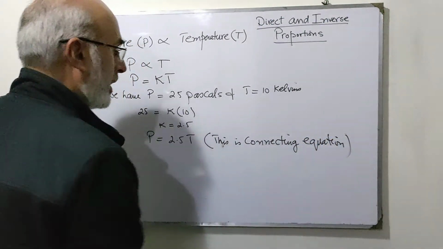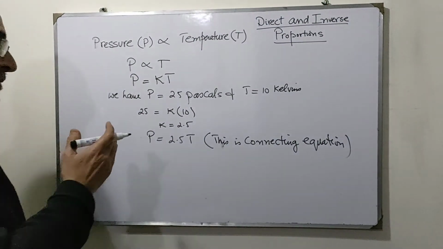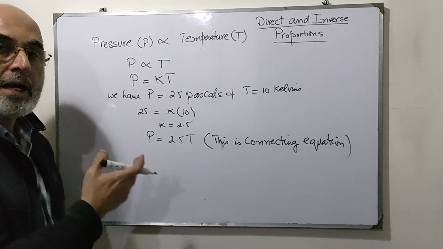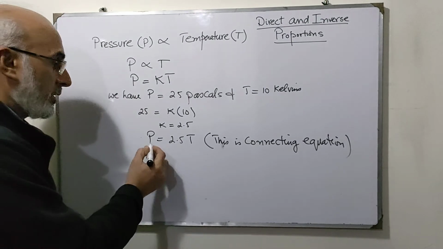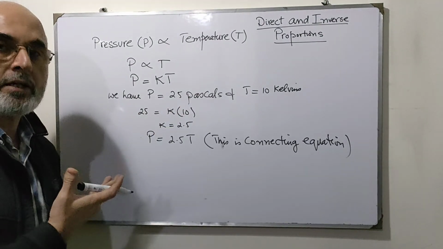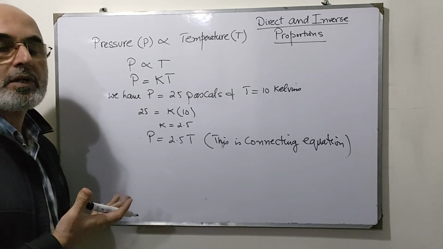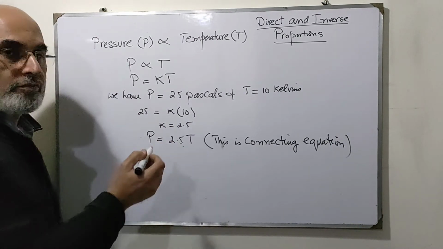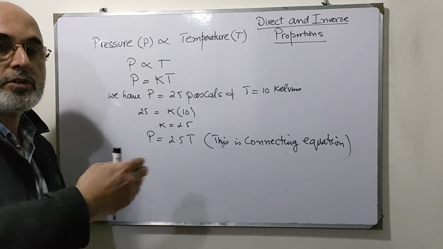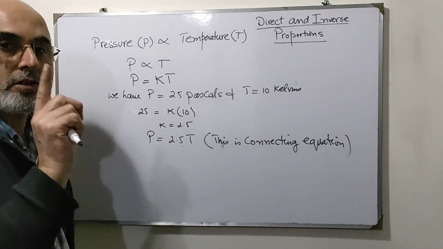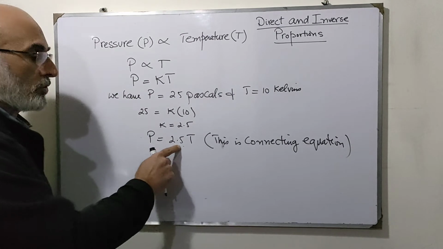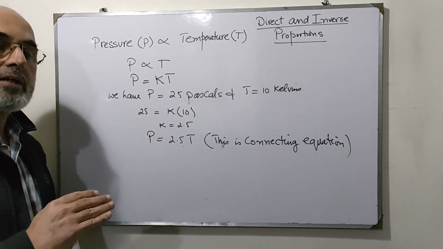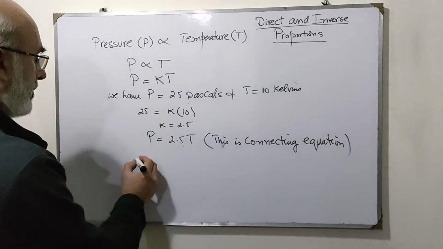Now this connecting equation is connecting pressure with temperature, and it shows that the ratio between the pressure and temperature is equal to a constant, which is 2.5. Because the ratio of increasing or decreasing is always the same, and in this case this constant is 2.5. Okay, now to make a graph, let's take some values.